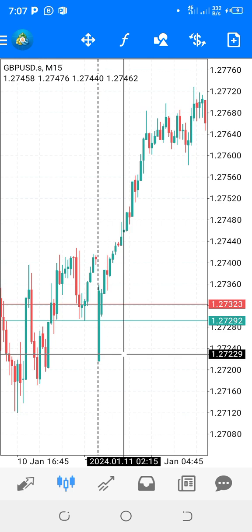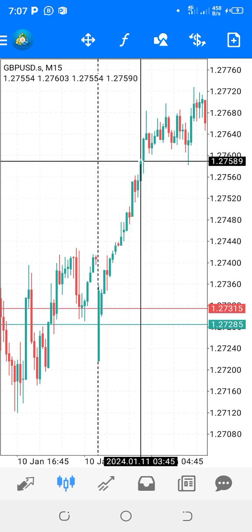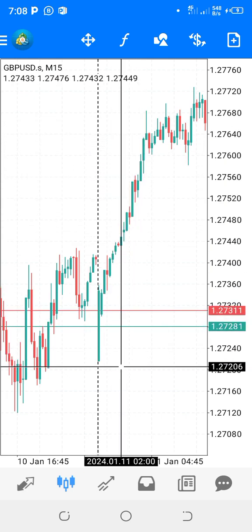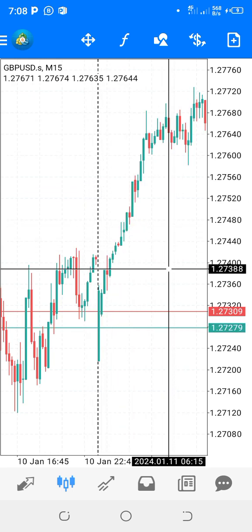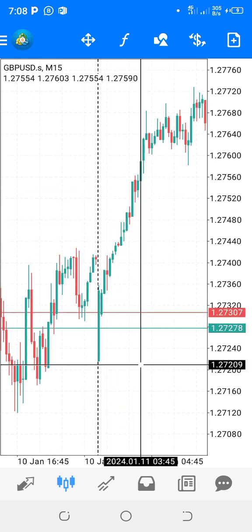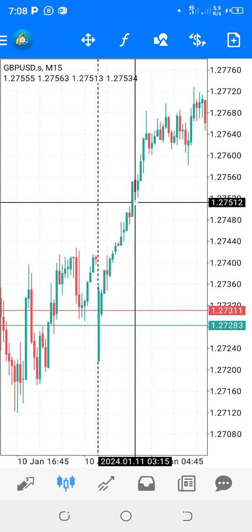So, what are the entry points to have entered this market? So, if this was a buyer dominant market, what are the early points to have taken an entry to buy the market?